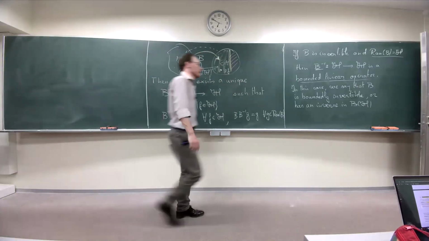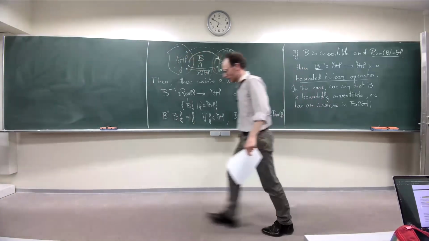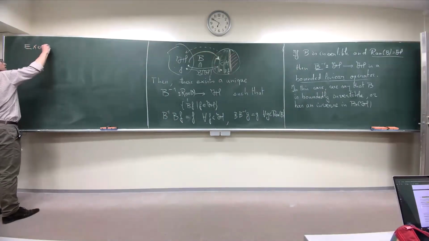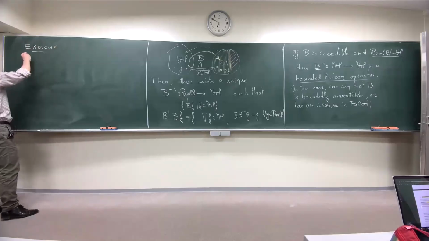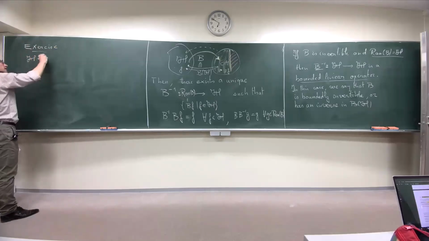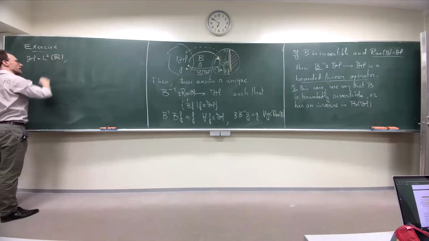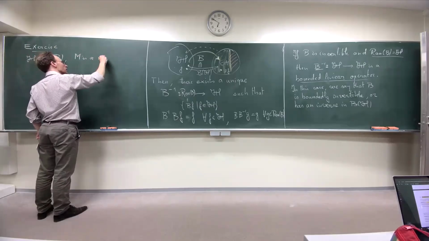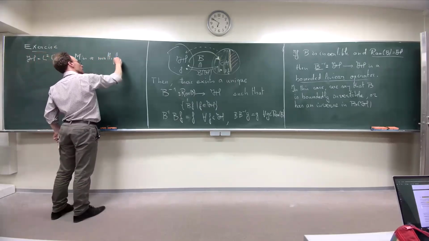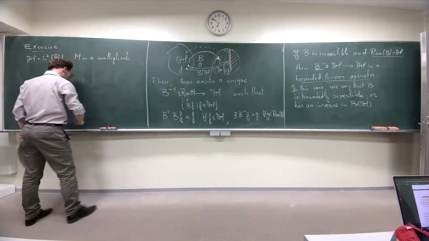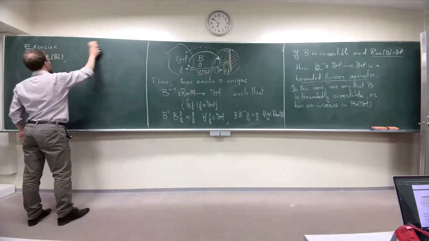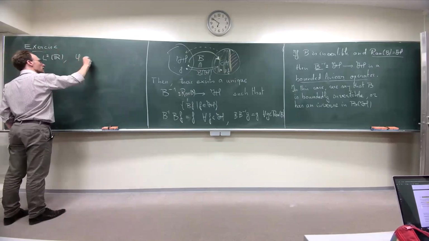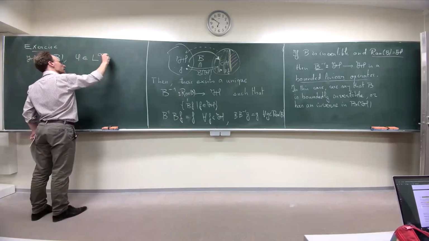Let me state an exercise and also remind you something. Exercise. Remember, I defined the multiplication operator like this. M is a multiplication, and I will be slightly more precise. Take H is L2 of R. Now we know this notation.